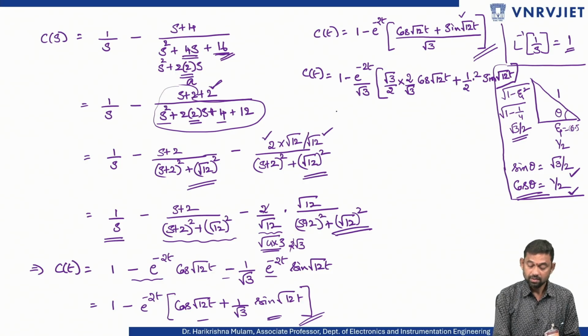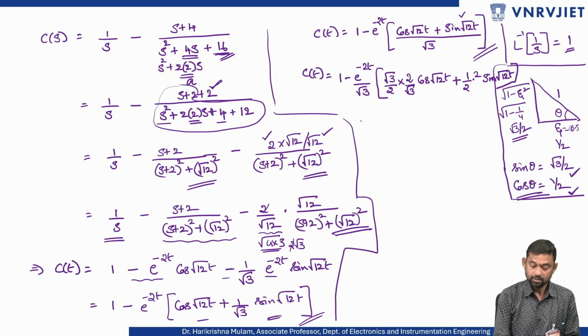Okay. That is equal to C of t is equal to 1 minus e power minus 2t by root 3.